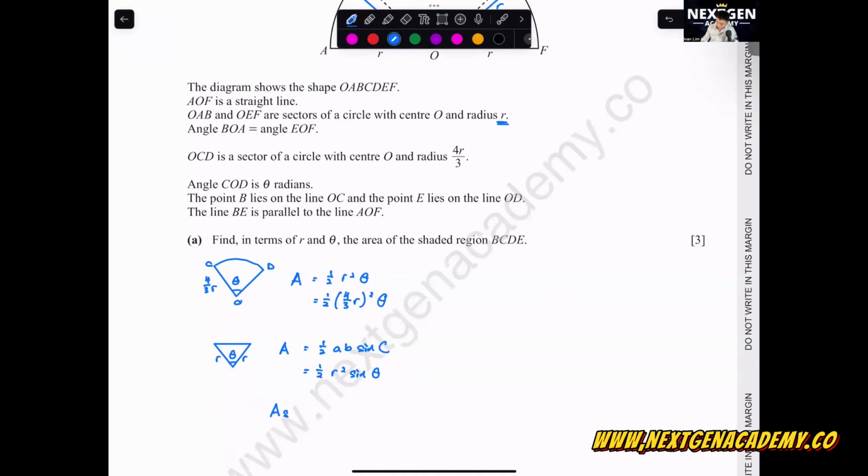The area of the shaded region is the first one minus the second one. We just write A1 minus A2. Don't have to simplify it because they never ask us to simplify. This is the expression: 1 over 2, 4 over 3 R, squared, theta, minus half R squared sine theta.